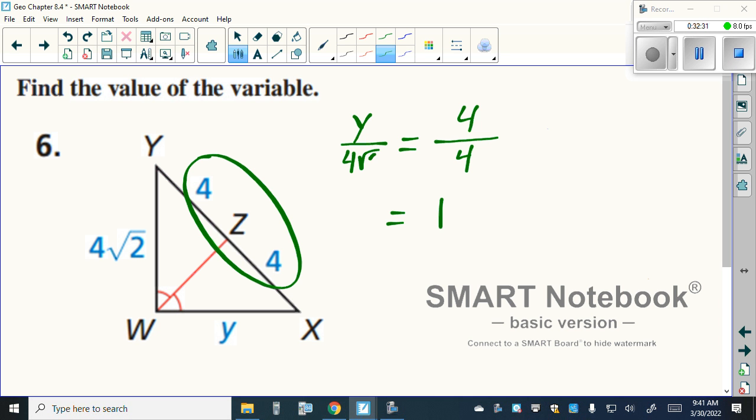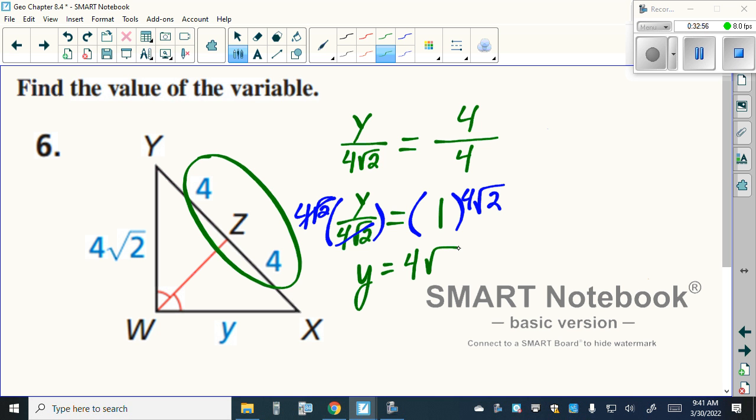Y over 4 square root of 2, most likely, because since our proportionality, our scale is 1, when we multiply both sides by 4 square root of 2, these will cancel, telling us y is 4 square root of 2. Yeah, this one instantly worked out. We actually didn't really need to solve anything if we noticed that the scale was 1.